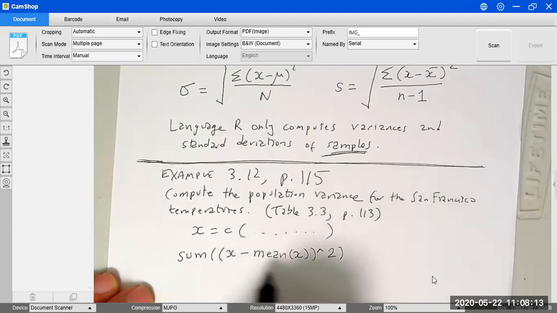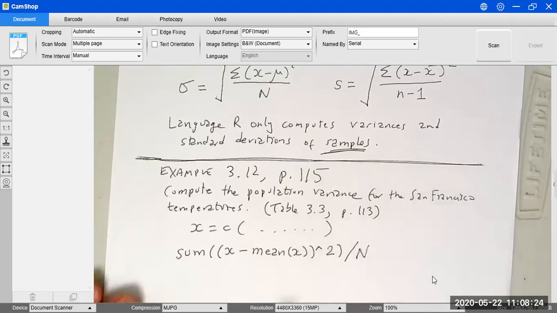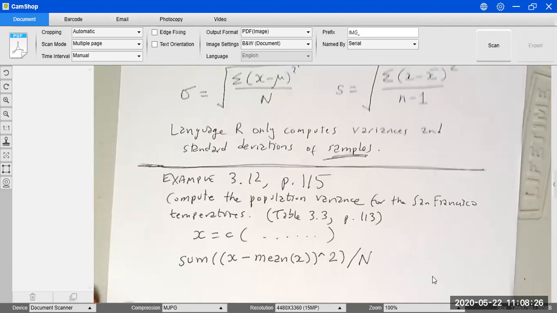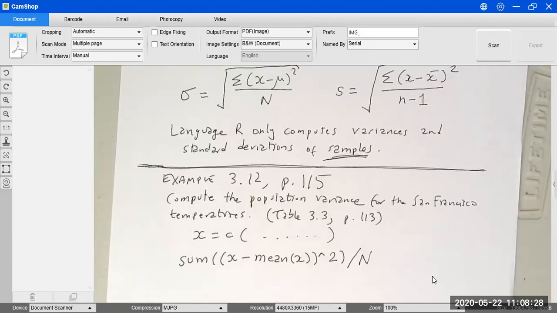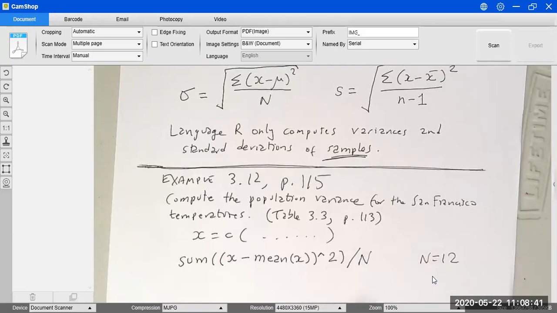So this is the sum of the squared differences, and we divide this, in this case, by capital N, the number of data values in the list. We need to check how many values we have. This is one year of monthly values, so there are 12 values. So N equals 12.